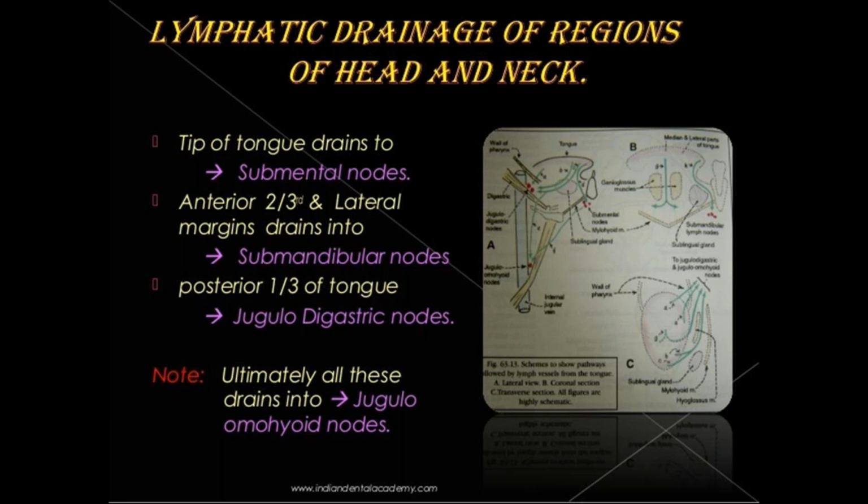What is important in this is that ultimately all these drain into the jugulo-omohyoid nodes.